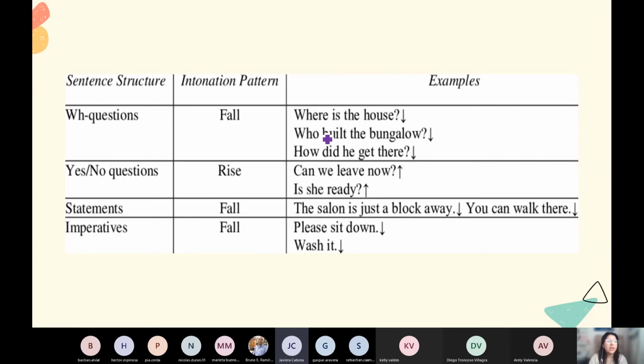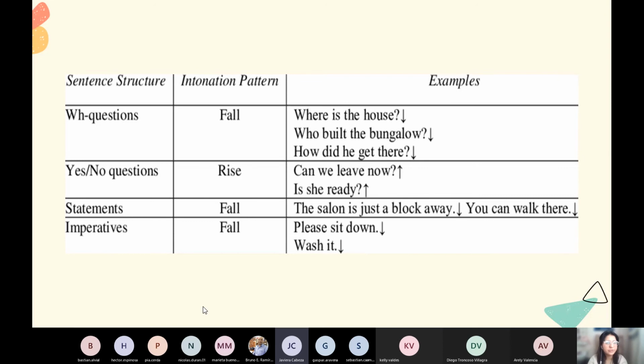Yeah, it's almost time. These are general rules: for WH questions we use the full one; for yes or no questions, the rise; statements, full; imperatives, full; and for the previous examples, when we want to sound more polite and when we are requesting information, we use a full rise. And that was basically it for the moment.